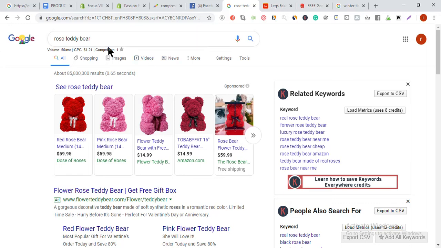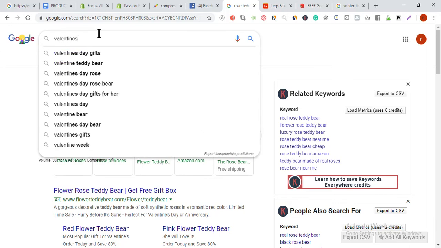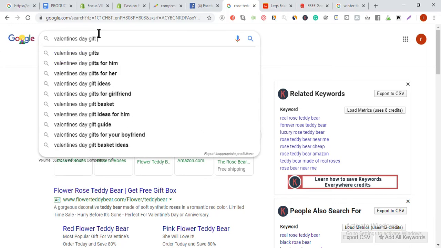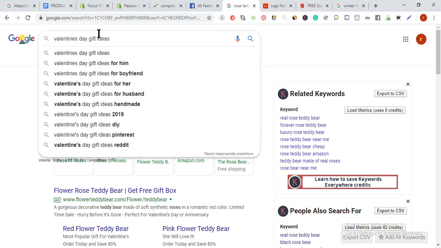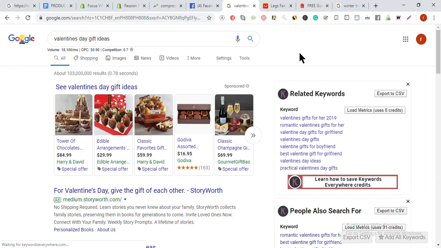But I think this is a good item to start with for Valentine's Day, or think about the holiday. Say Valentine's Day, right? You can put Valentine's Day gift ideas, say you're targeting to sell gifts for women.